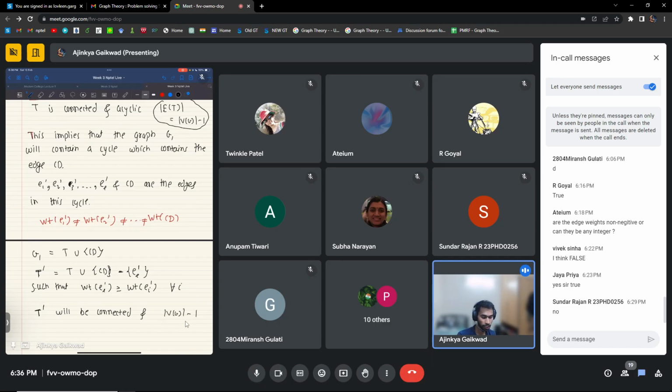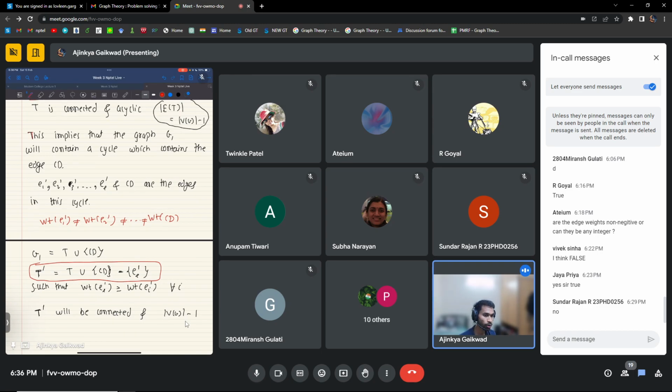Why are there V of G minus 1 edges? Well, I took tree T, I added one edge and I removed one edge. So the total number of edges is still the same, which is V of G minus 1. That means this newly constructed T prime is a tree and it is also connected, right?